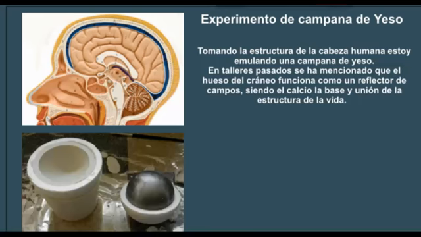Estamos en la primera explicando que lo que sabes de los huesos, que son los únicos que pueden reflejar los campos.